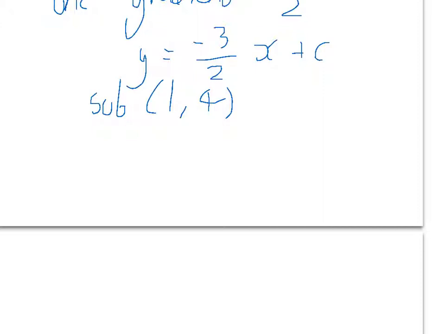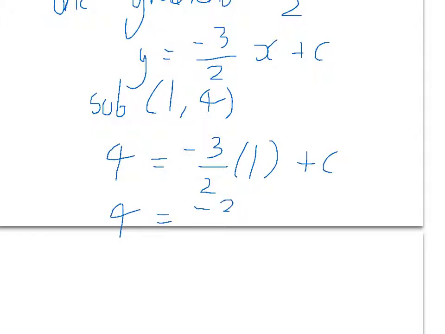So 4 is equal to minus 3 over 2 times 1 plus c. So 4 is equal to minus 3 over 2 plus c. Now you need to do the opposite to minus 3 over 2, which is add. So it's 4 add 3 over 2 equals c. So remember, 3 over 2 is the same as 1.5.